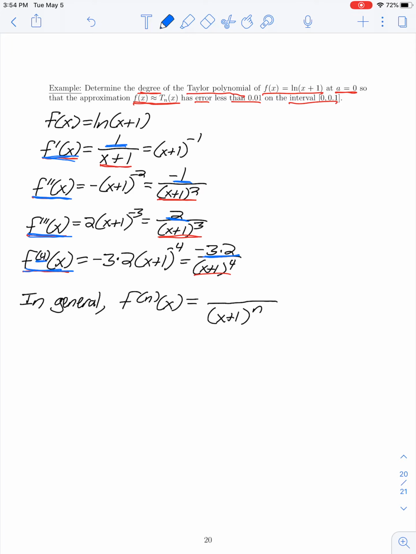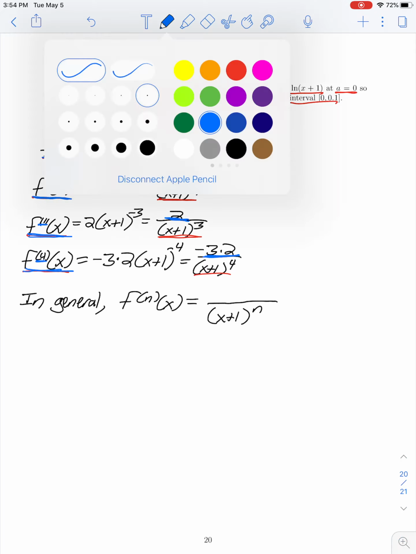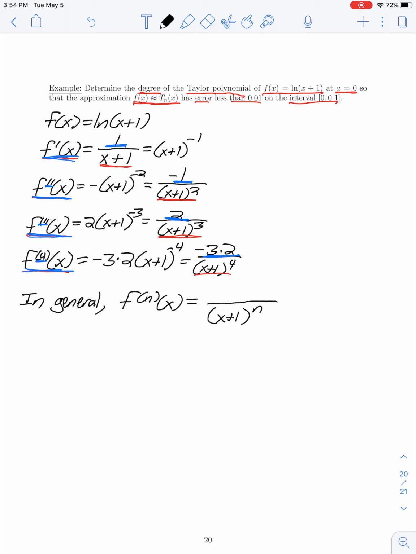And we see the following pattern. For our fourth derivative, we had 3 factorial. For our third derivative, we had 2 factorial. For the second derivative, we had 1, which was 1 factorial. So our numerator is always the factorial of the constant which is 1 less than the order of our derivative. So for the nth derivative, we would have n minus 1 factorial.